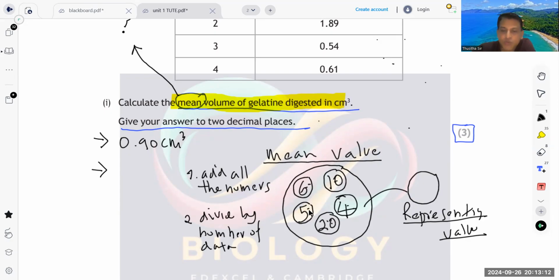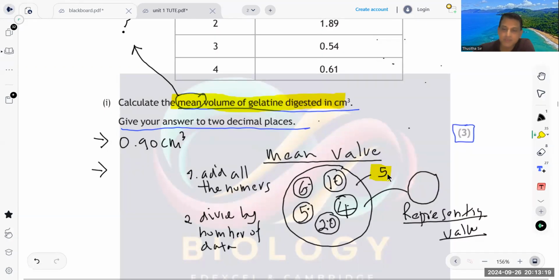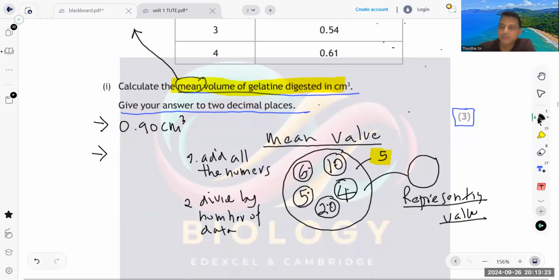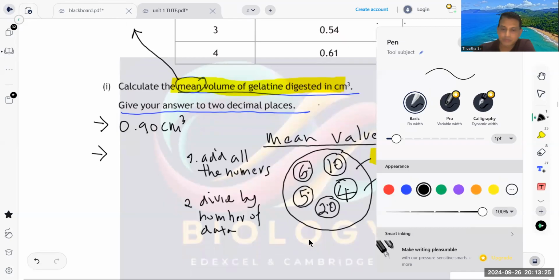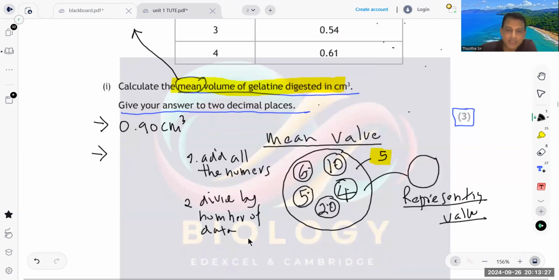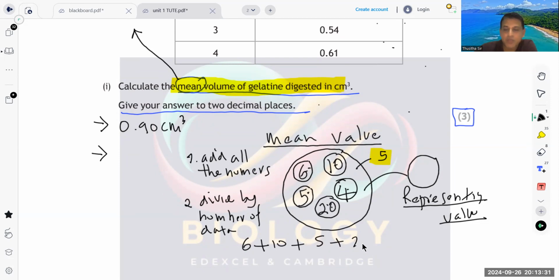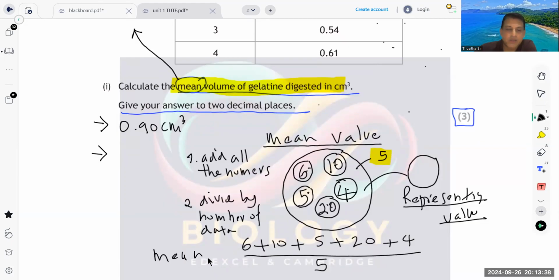So 1, 2, 3, 4, 5. I have 5 numbers. Then the mean is: you have to add 6 plus 10 plus 5 plus 20 plus 4, divide by 5. This is the mean value.